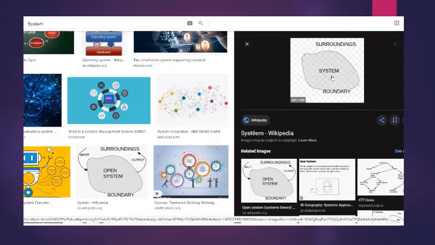For example, take your respiratory system. You inhale, you take oxygen, then it goes through your trachea to your lungs, and then through alveoli it will do some processes, and then you will exhale carbon dioxide. So it's a system. That means you take things from the surrounding and you have a boundary. Inside that, your system works, and then you give some output.